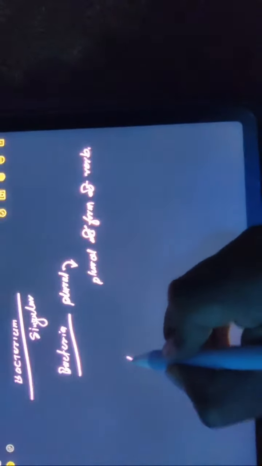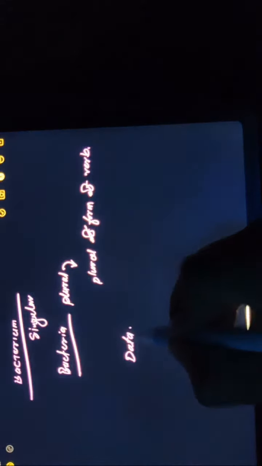In the same way, there is one more word that I would like to tell you guys. Data. We usually use this data, the collection of information. Now, which verb will you use with this one? Singular or plural?